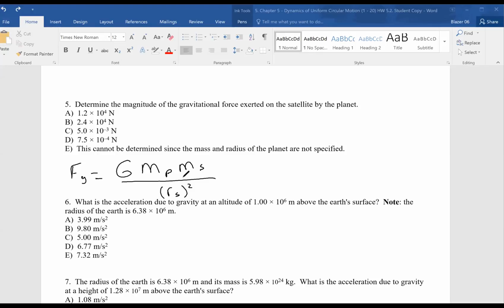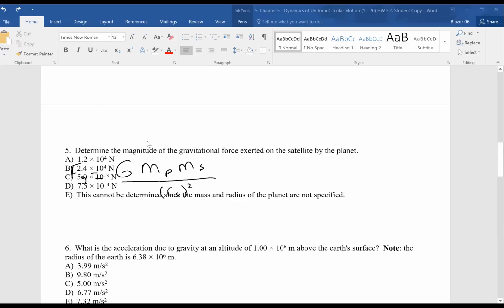So, do we know the mass of the planet? That's the first question. Were we given the mass of the planet in that problem? Yes or no? Okay, let me go back up to the problem and show you what it said.